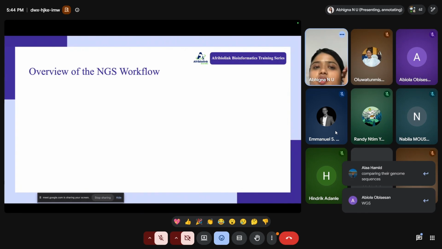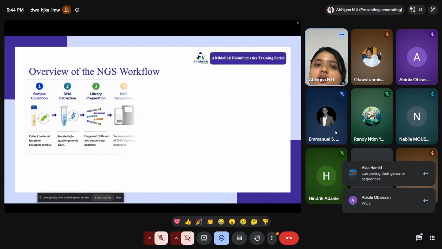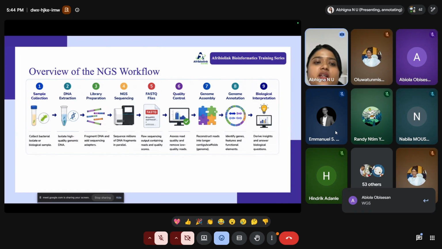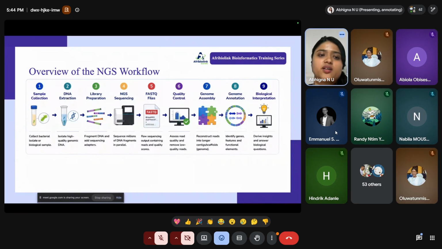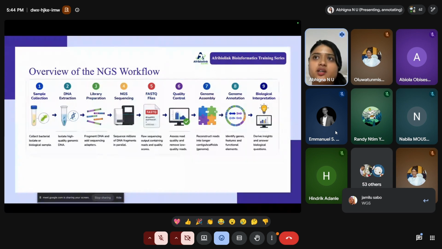We'll have a look at an overview of the NGS workflow. First, in whatever NGS we do, the first step is to collect the bacterial isolate or the biological sample, maybe a gut microbiome or a soil microbiome. The next step is the DNA extraction.